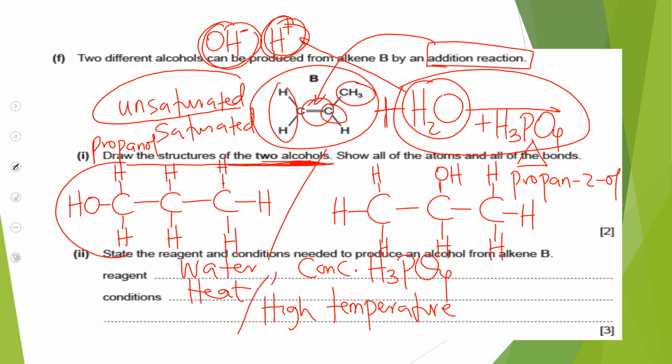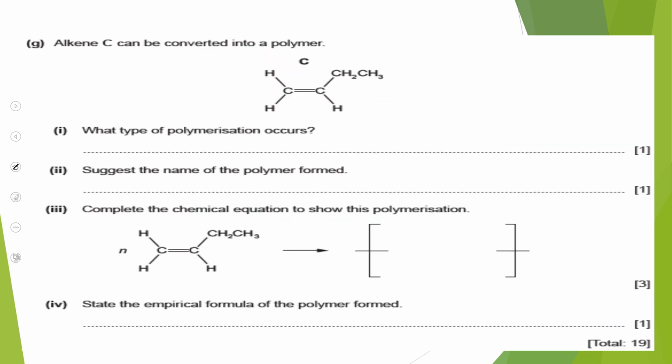Let's take the next question. On this, alkene C can be converted into a polymer. For polymerization, basically we are looking at two types: it can either be an addition polymer or a condensation polymer. I'll quickly answer this question.